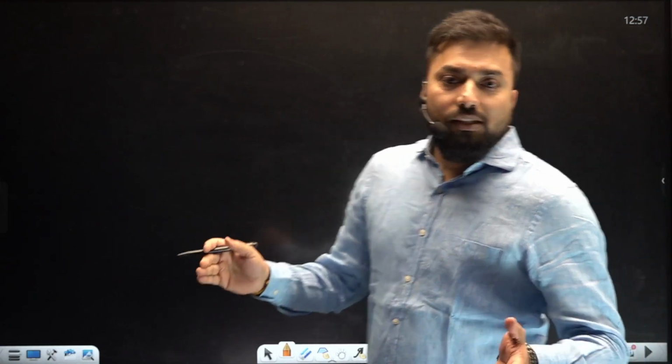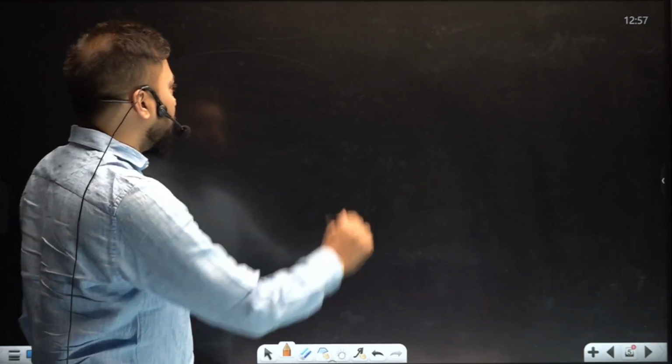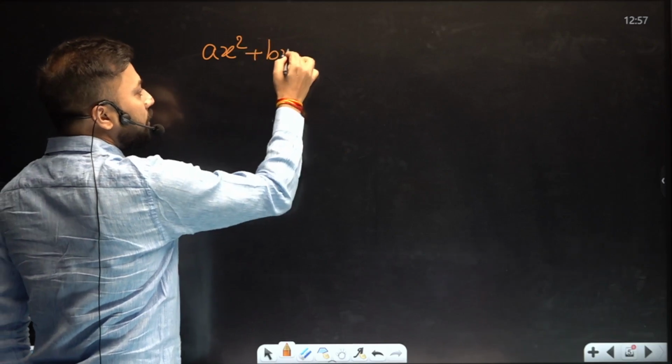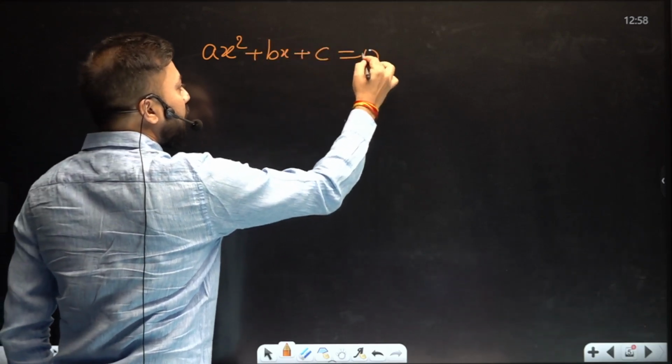So Newton's identity is, let's say a quadratic equation is given, ax square plus bx plus c equals 0.